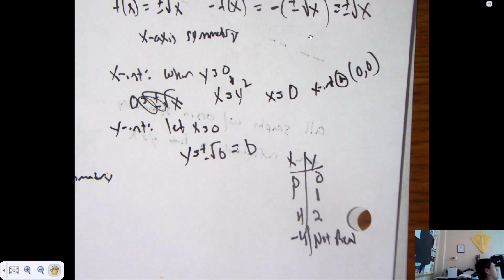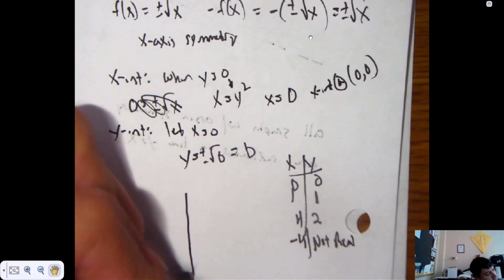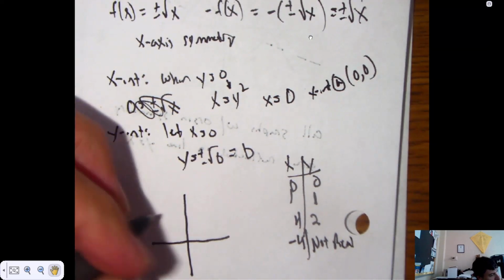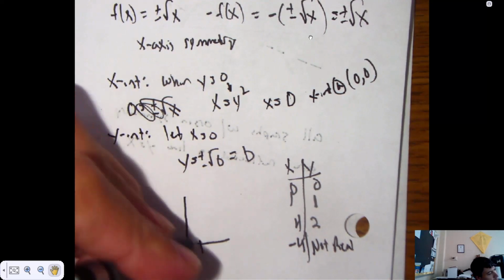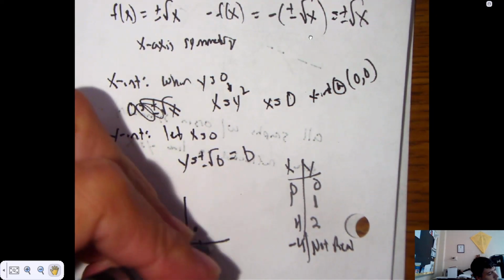When you make a table for a square root function, you got to use a little common sense. You picked 1 because you could take the square root of 1, and you picked 4 because you could take the square root of 4. Now, we learned that this thing had x-axis symmetry, so we're going to draw the points we've plotted: (0, 0), (1, 1), and (4, 2).